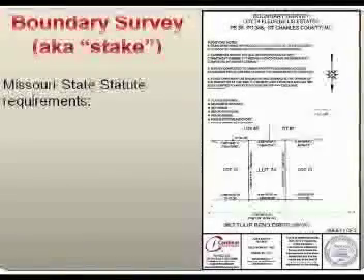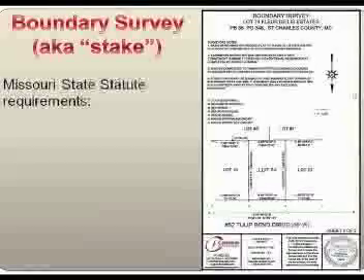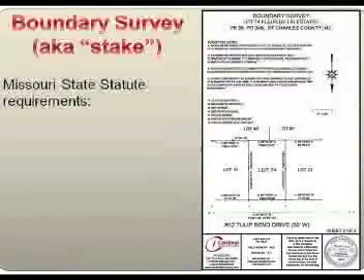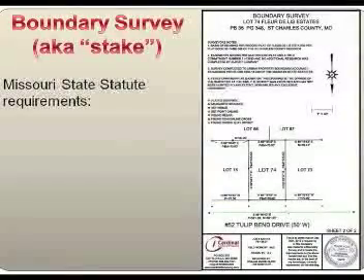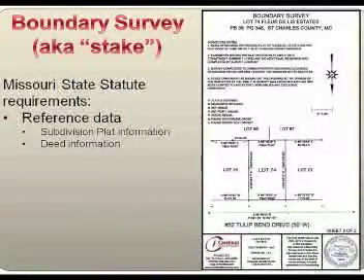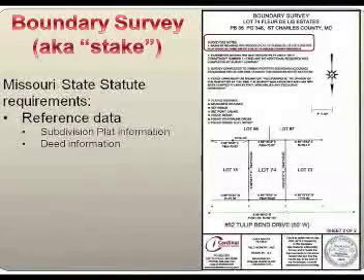Now, our company does a boundary survey, our drawings, a little bit differently than a lot of companies in St. Louis, in that we actually prepare 2 sheets to our drawings. Sheet number 1, you're actually looking at sheet number 2 here, but sheet number 1 looks very similar to the spot page. But sheet 2 proves that we did due diligence and that we did what the state laws say we have to do.